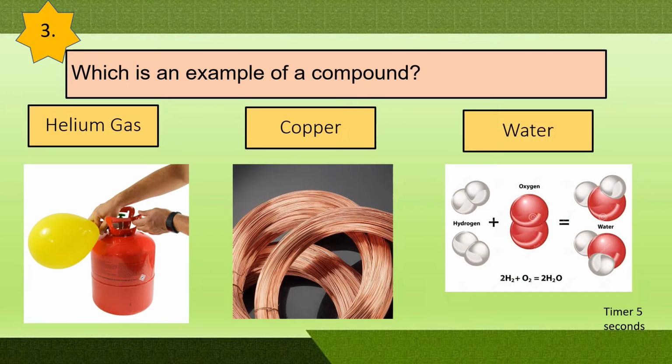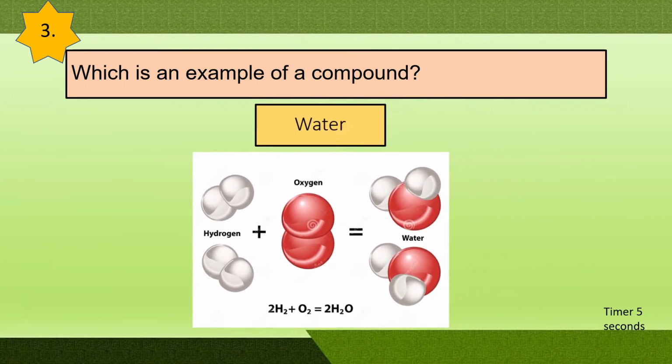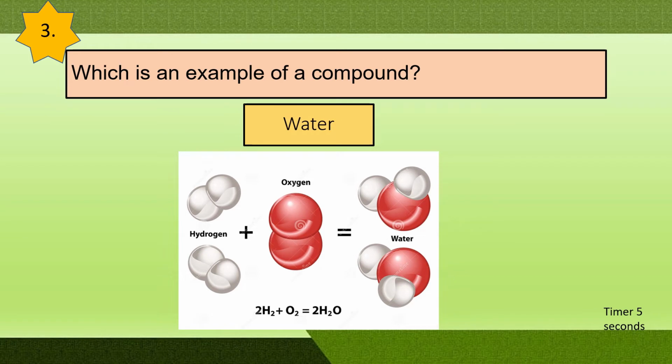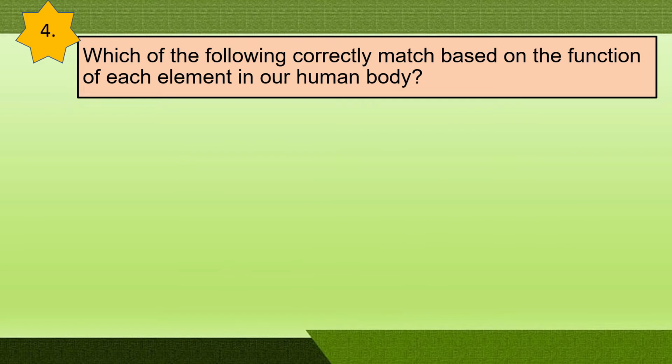Time is up. Among the following choices, the compound is water. That is composed of 2 atoms of hydrogen and 1 atom of oxygen. And our last question is, which of the following correctly matches the function of each element in our human body?